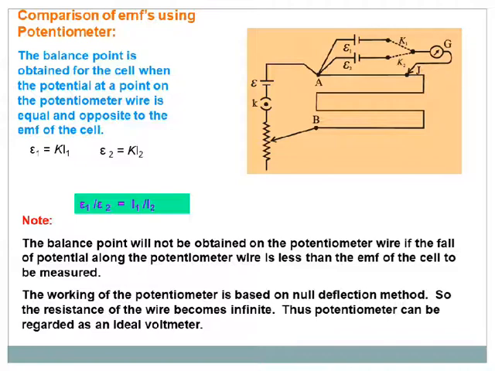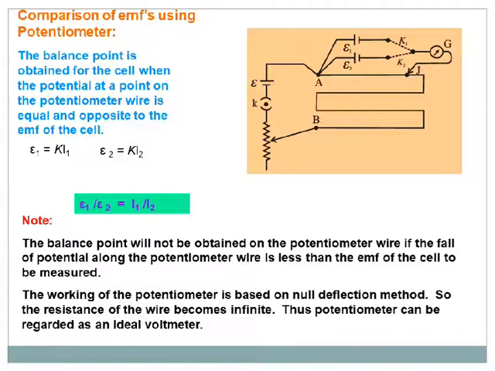As I said, when a key is open, current will not flow through that cell; when a key is closed, only then will current flow through it. So I am going to take out the key K2. It will be open, and then current will flow only through E1, not through E2.